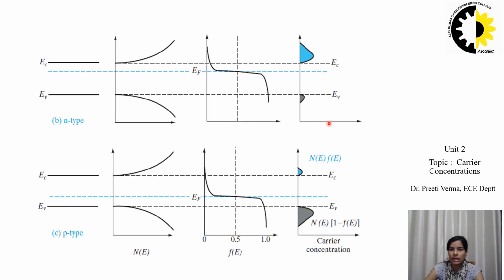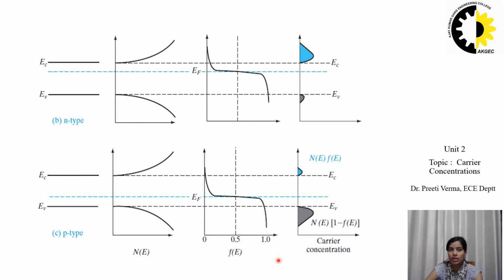In a similar fashion, we can find the density in the conduction band and valence band, with the difference that here the area is larger compared to the intrinsic material. So the electron concentration in the conduction band is larger compared to the intrinsic semiconductor.